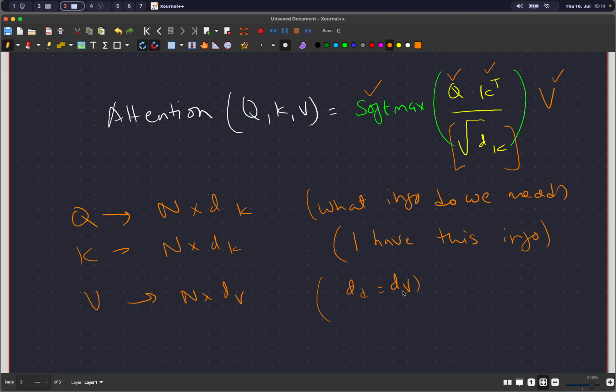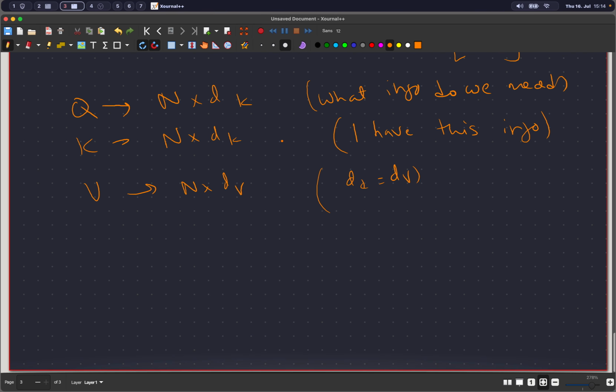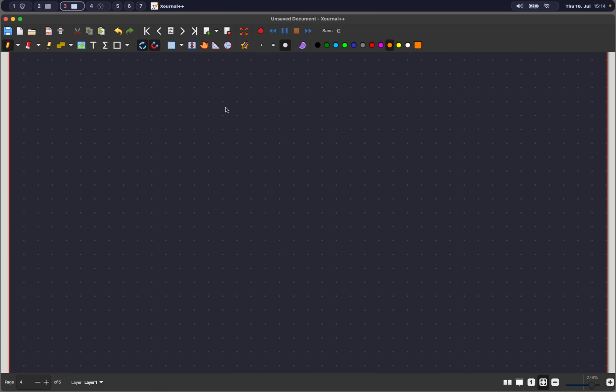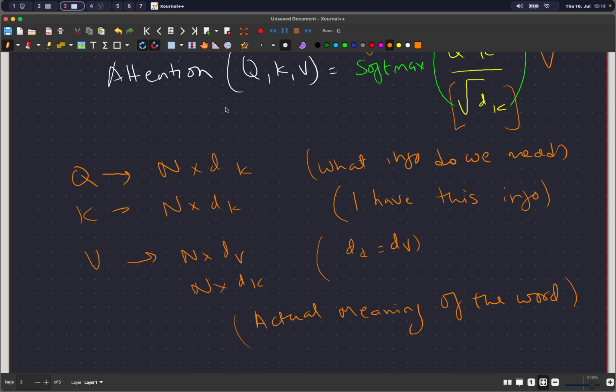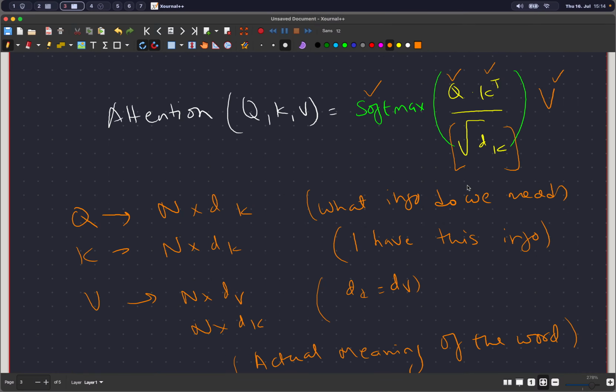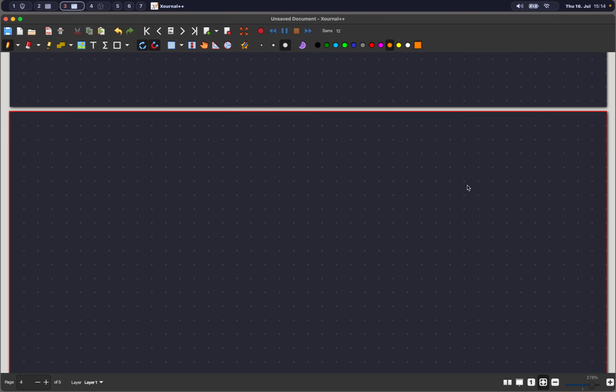So for the purpose of this session, we will just consider dk as dv. So it is n cross dk, and it just tells you the actual meaning of the word that we are looking for. I hope the formula is pretty clear. It is very easy: softmax of QK transpose divided by root dk.